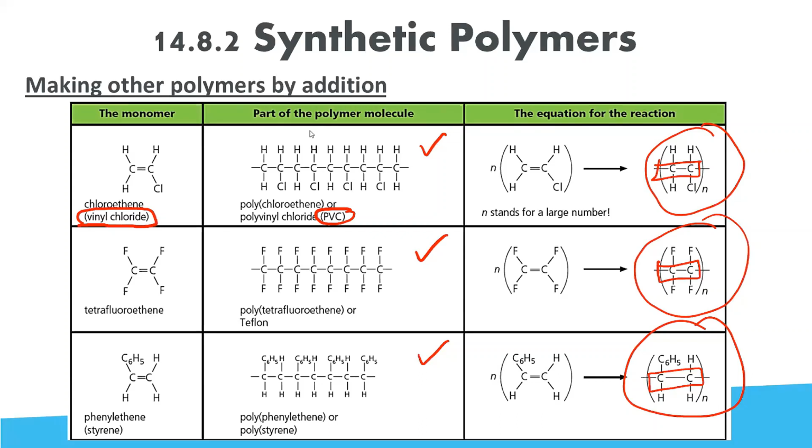Make sure that you add N. If the question asks to draw the structure of the polymer, then you have to add N. But if the question asks to draw part of the structure, for example 3 repeating units of polychloroethene, then you have to draw 3 repeating units like this without N. In that case, you must not use N. Okay.